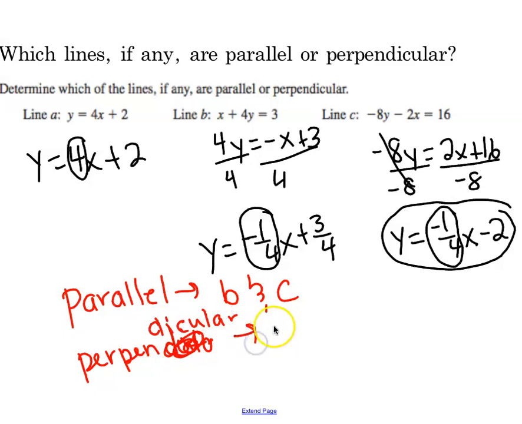Perpendicular is A is perpendicular to B, and A is perpendicular to C, because they are both the negative reciprocal. So after you find the slopes, you look at it: same slope, parallel, so B and C. The negative reciprocal is perpendicular. So A is perpendicular to B, and A is perpendicular to C.